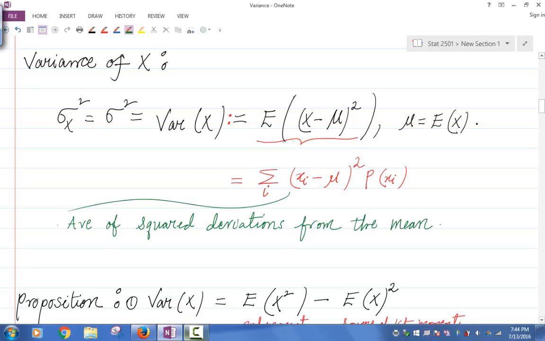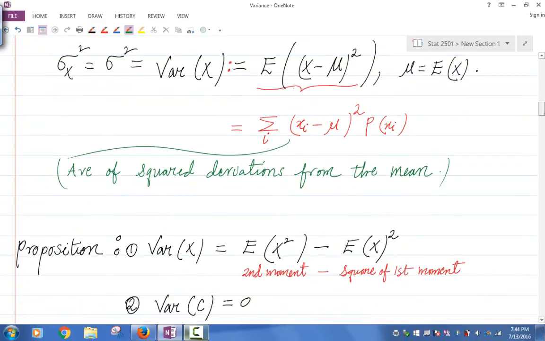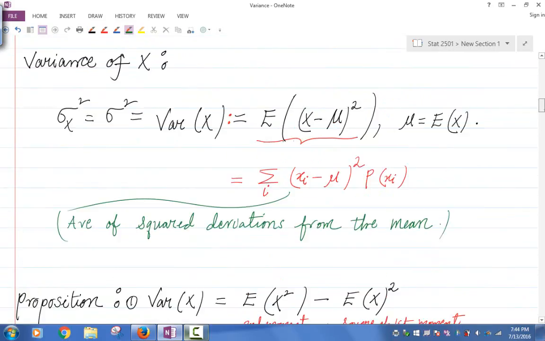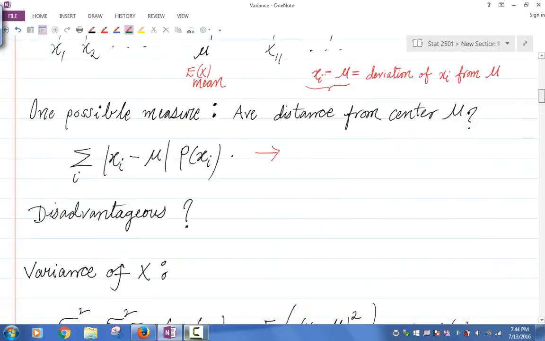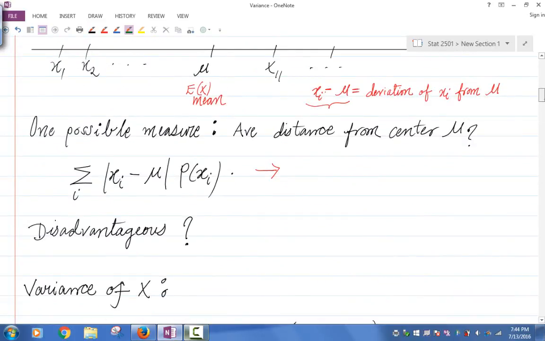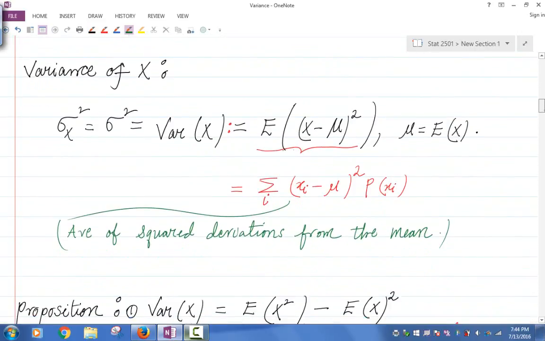Okay, so this is a nice measure. Analytically, it is much easier to handle than the measure with the absolute value. So this is the measure of spread that we are going to take.